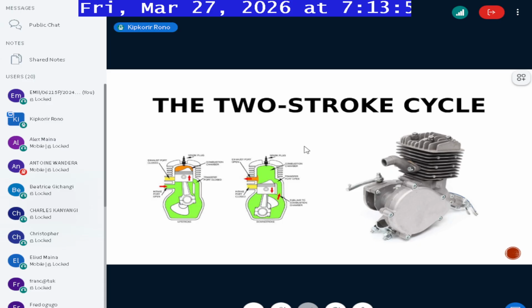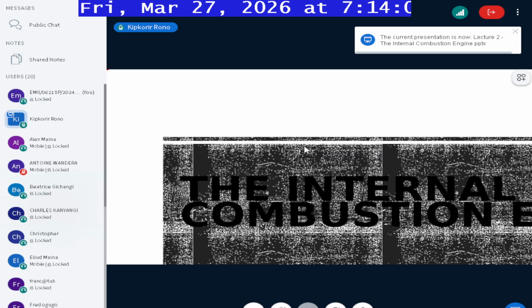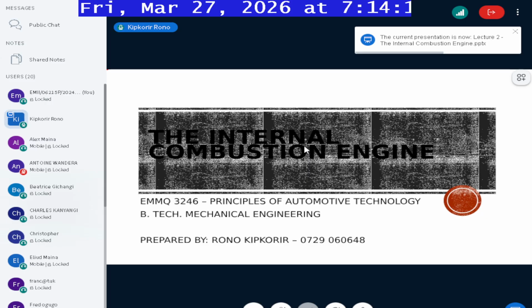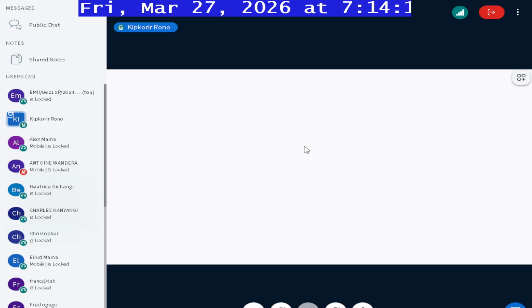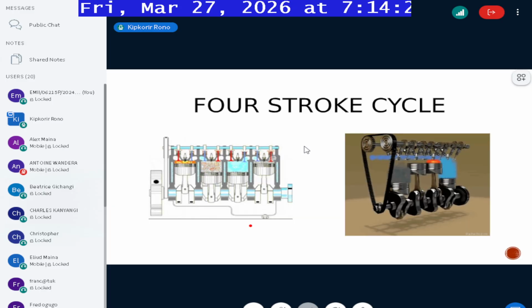Anyway, so the two-stroke engine, you can see the two-stroke engine. Two-stroke engines are slightly different from the four-stroke cycles. The way they operate is usually slightly different. I just wanted to show you this one here.